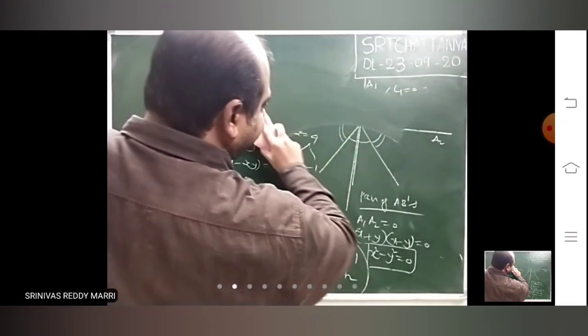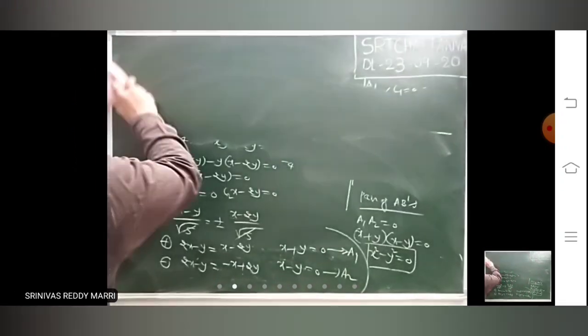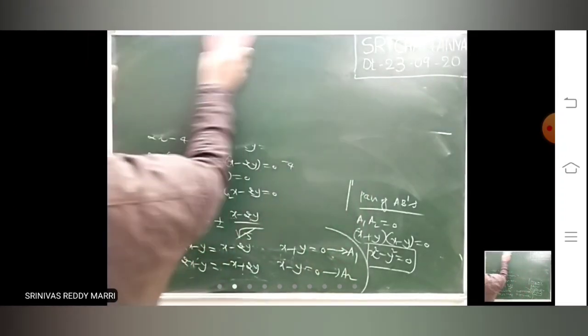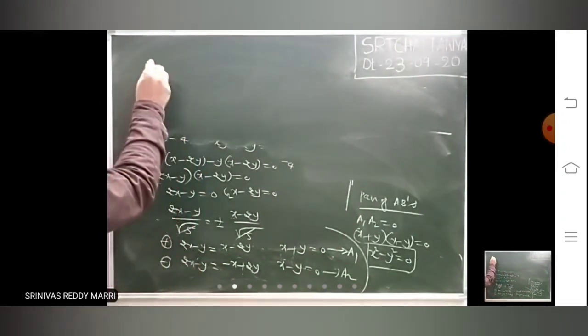Look at it, I will tell the formula: how to find the equation of pair of angular bisectors directly.